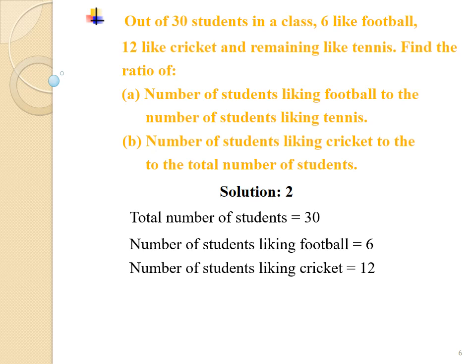So, let us add 6 and 12 and subtract the answer we obtain from 30. Thus, adding 6 and 12, we get 18 and subtracting 18 from 30, we get 12. Thus, number of students liking tennis equals 12.